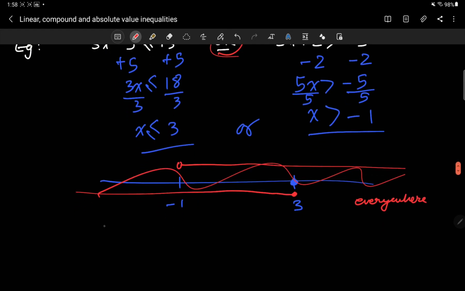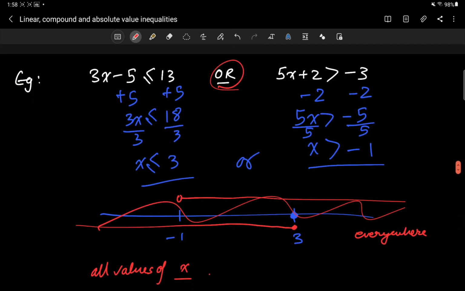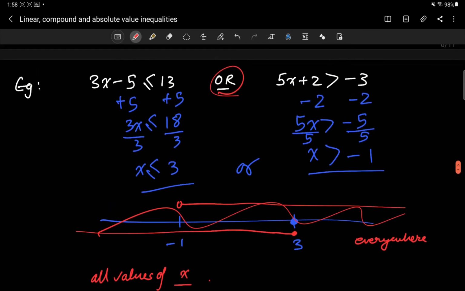Which means the solution is all values of x. Okay. So in OR situations, you may end up with something like this, which means no matter what x you pick, one of these two things is going to be true.